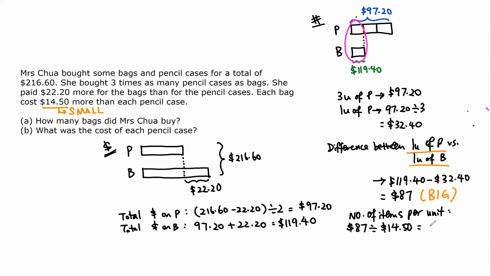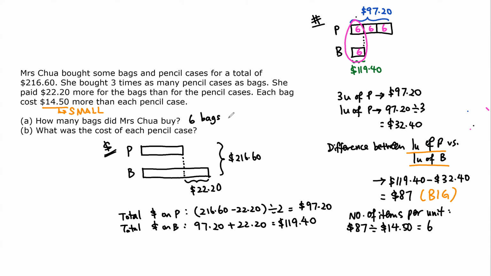And we will get 6, which also means that, going back to the model for the number of items, 1 unit will have 6 of the respective items. All right, which means to answer part A, how many bags did Mrs. Chua buy? She bought 6 bags. That's it. And this is worth usually 4 marks.